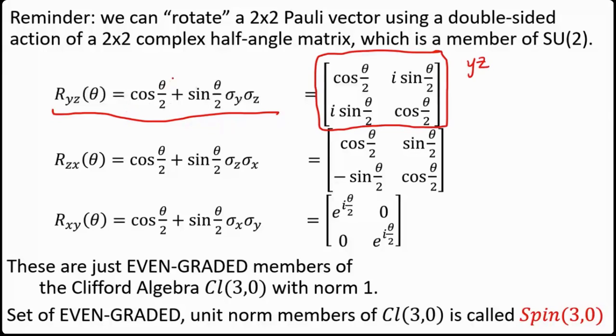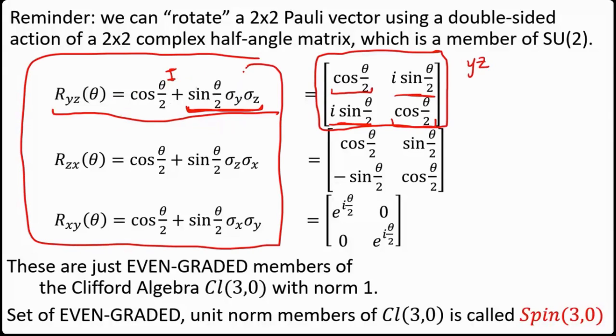It was actually just a combination of the identity, where cosine is on the diagonal, and a sigma multiplied by sine, which gives you the off diagonal. But basically, we can think of these not as matrices anymore, but as Clifford algebra numbers. So we have a scalar part and a bivector part, and in this case they would live inside Cl(3,0).